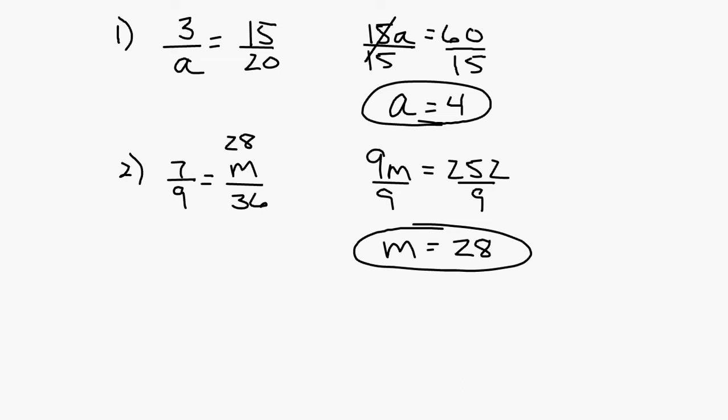Number 3 says, given the proportion A over B equals 9 over 17, what ratio completes the equivalent proportion A over 9 equals... All right, so look what happened.